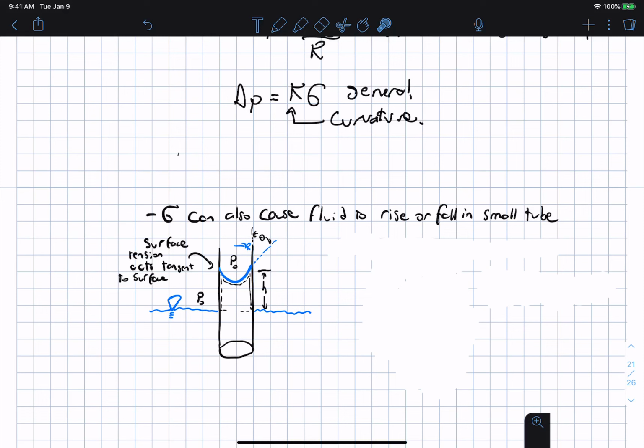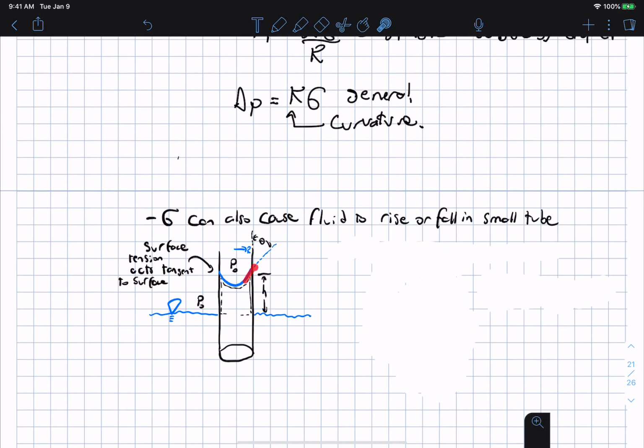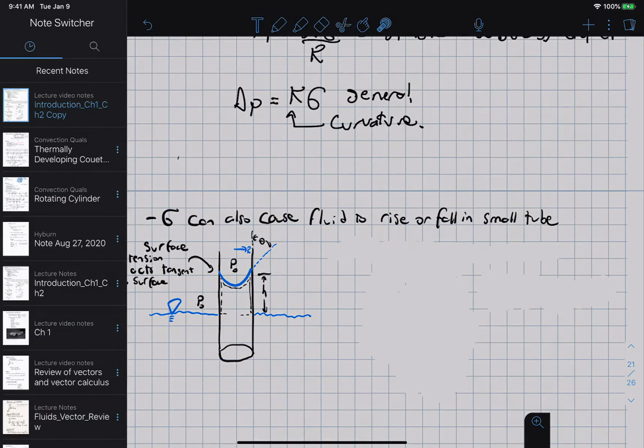And essentially what causes that is that the surface of the water in the tube has this sort of curve. And remember, the surface tension acts in the direction of the surface.